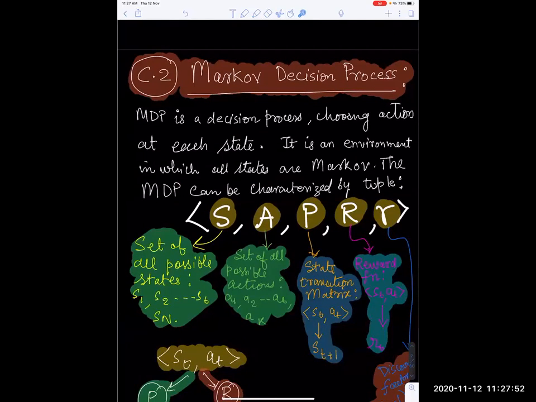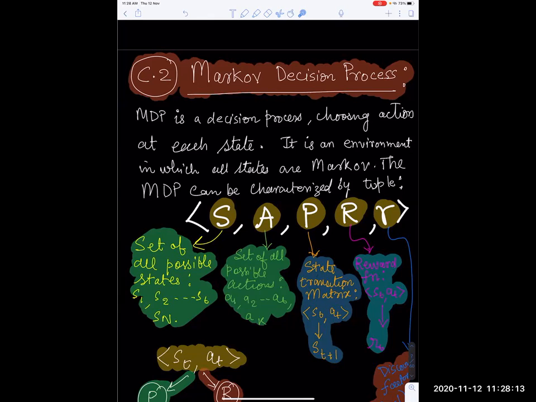And if you have a process which is following such Markov property, then you say that it's a Markov random process. Now the point is that we are not only talking about Markov random processes. Over that, we are going to have one more thing: if you have a Markov random process and then you take certain decisions over that.